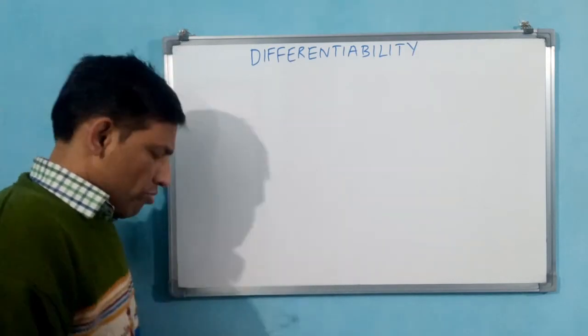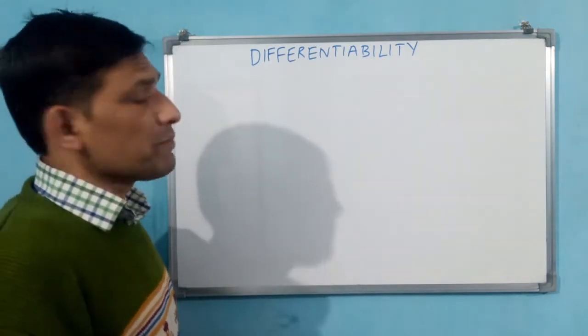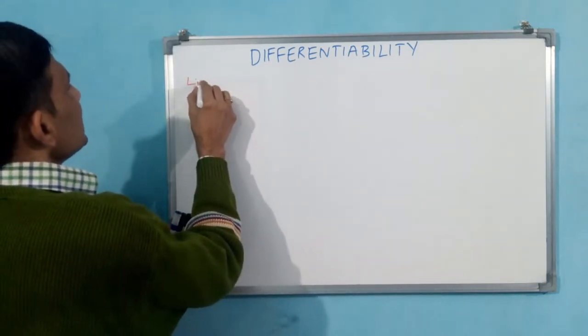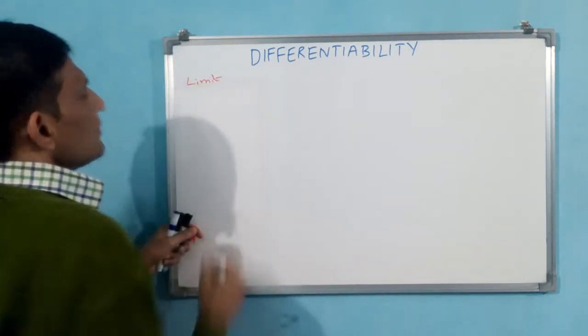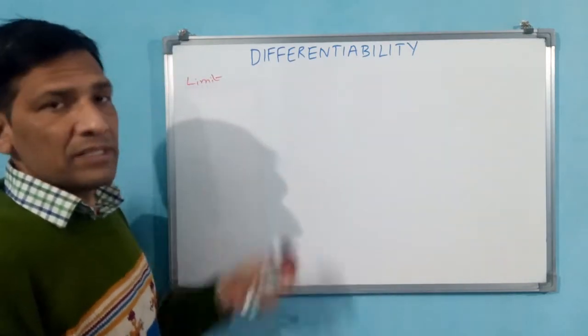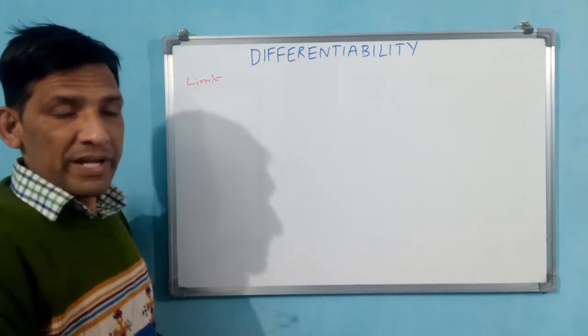First let me write limit. See, for any function, normally we check whether the limit exists or not.